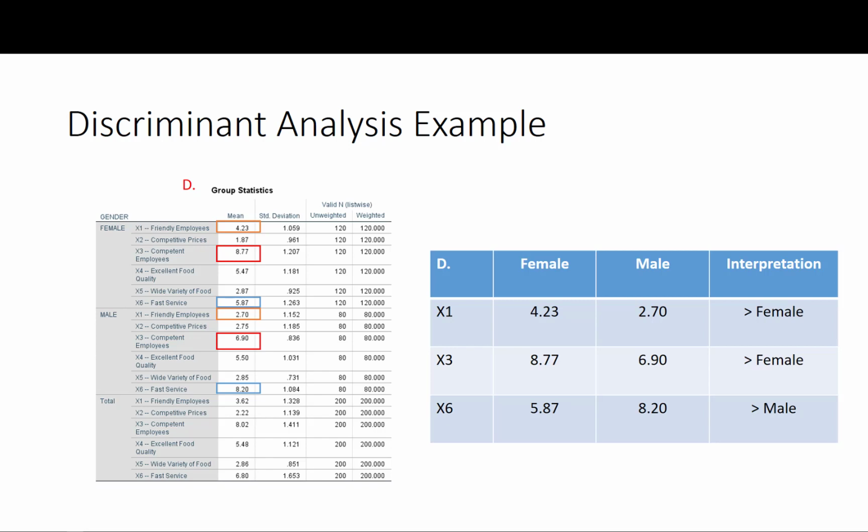So discriminant analysis can then be used to say that if a person is female, they're going to have these reactions to this type of variable if we are going to then influence that kind of variable, and vice versa for males.